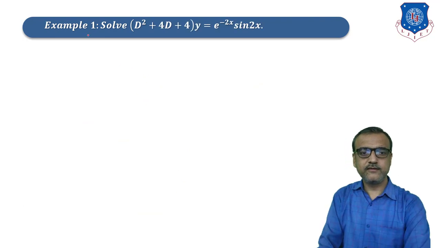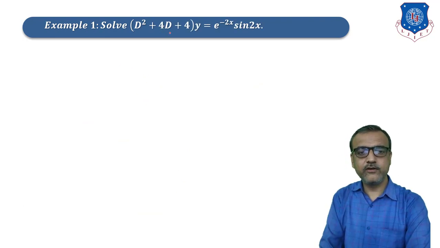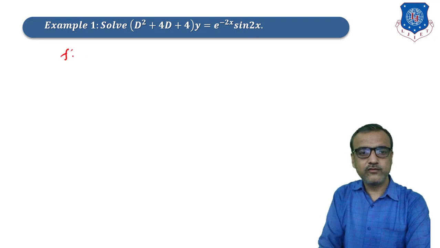So this is example number 1. Solve D square plus 4D plus 4 y equals e raised to minus 2x sine 2x. So this differential equation is of the form f of D y equals Q of x.